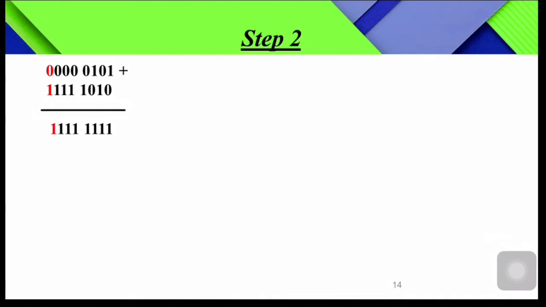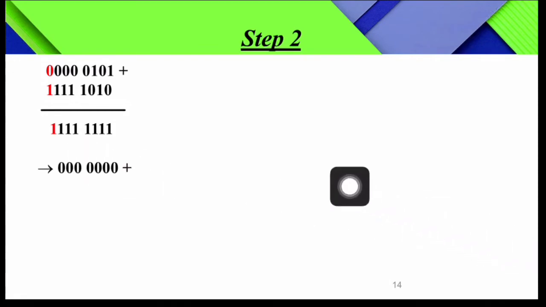So let us find out the decimal number corresponding to this result. Now you look at this MSB. Since the MSB is 1, we can conclude that the result is a negative number and the 7 bits represent the 2's complement of the binary representation of the result. Alright, let us now find out the decimal number.